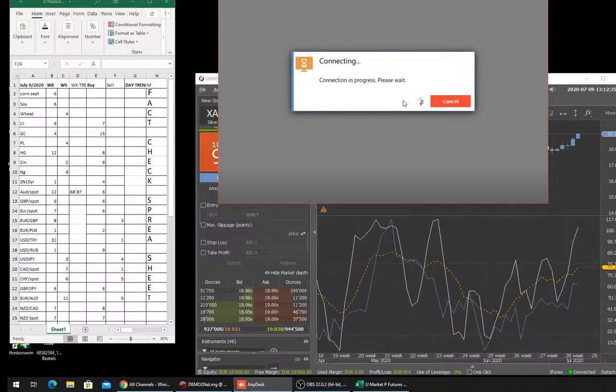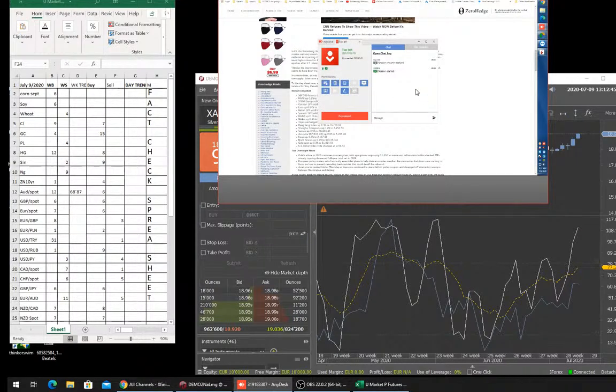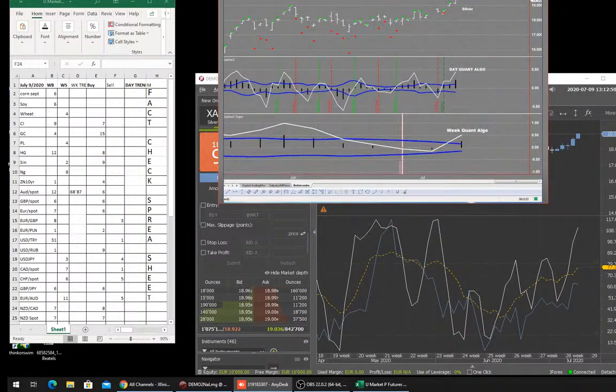Retry. There we go. So there's silver doing the same thing, trying to climb just like it is on J4X, showing some real life. Wonder what the contango is with that.